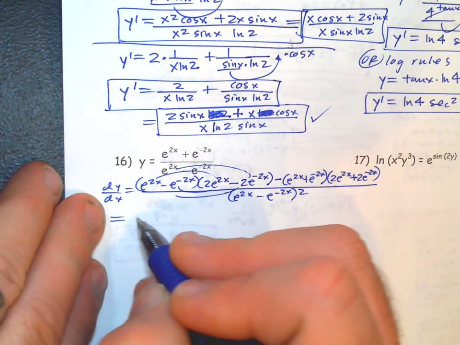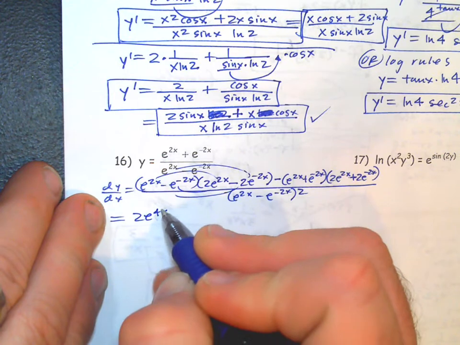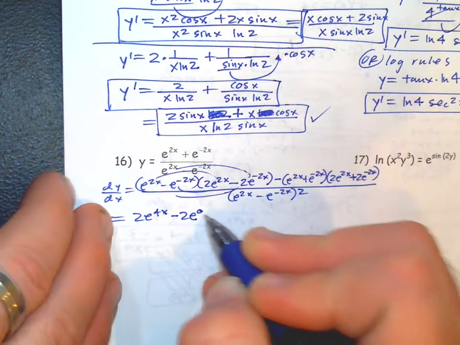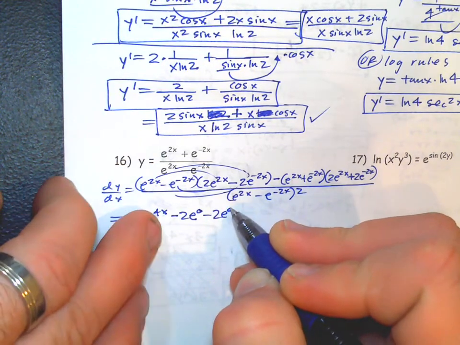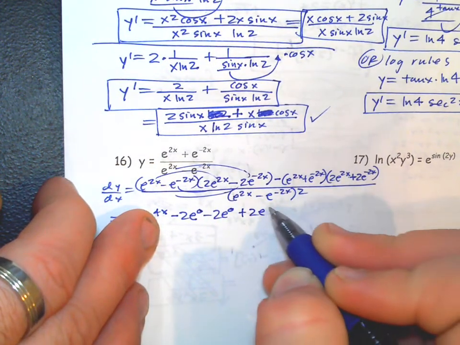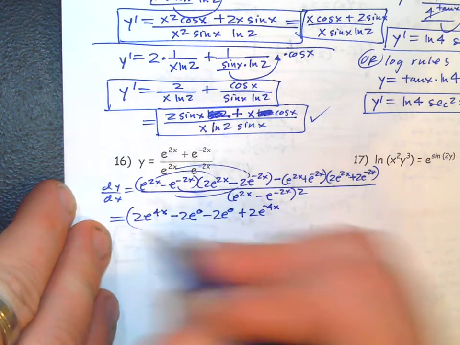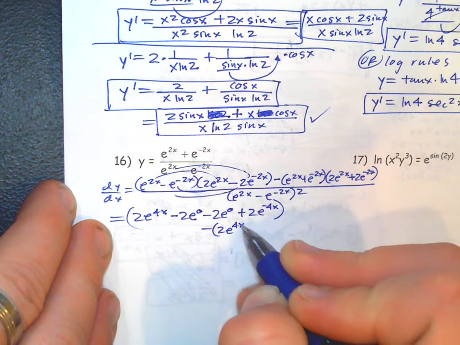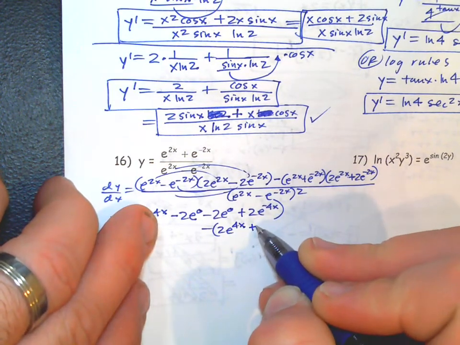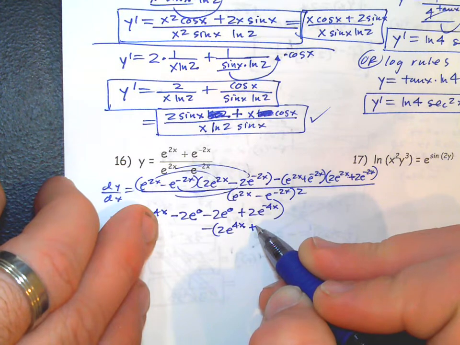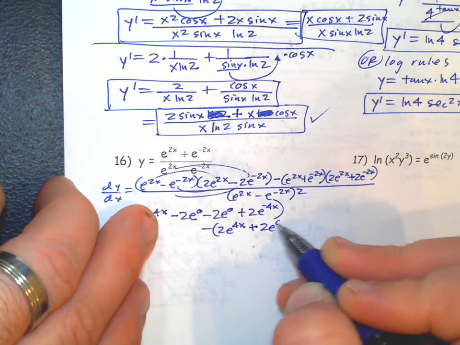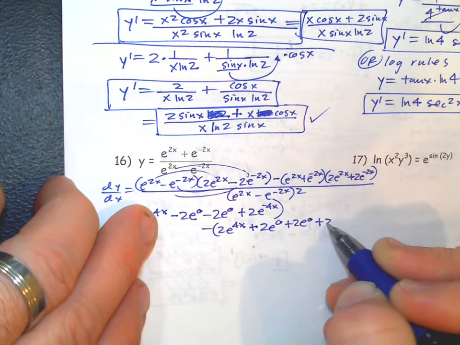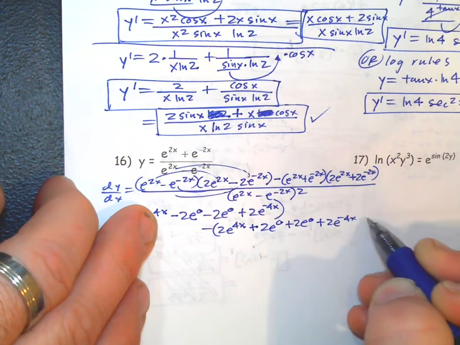So you get 2e to the 4x minus 2e to the 0 minus 2e to the 0 plus 2e to the negative 4x minus 2e to the 4x plus 2e to the 0 plus 2e to the 0 plus 2e to the negative 4x.